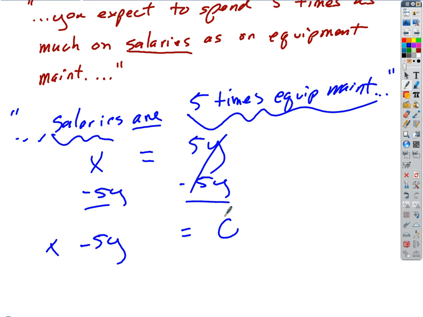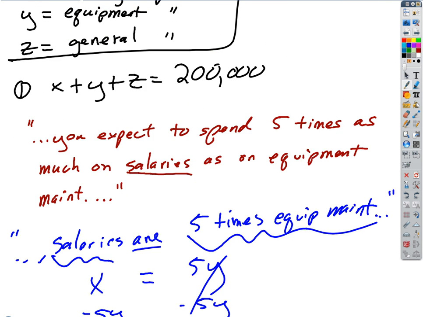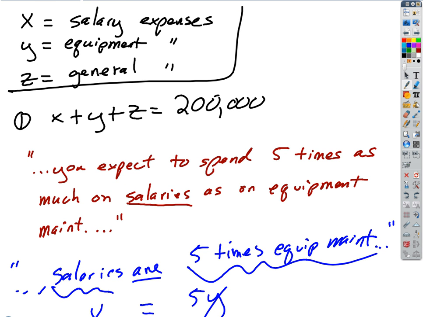Say it again, if you did what? Would you get a different answer from x instead? In other words, if you made it negative x plus 5y equals 0, it won't make any difference. And I'll tell you why. It won't make any difference because any of these equations, and this is kind of a cool feature of linear systems, of linear algebra, I can multiply any one of these equations in the system through by a constant, and it doesn't change the solution to the system.